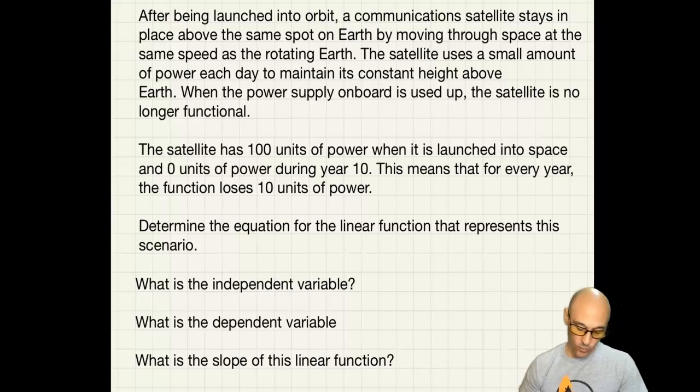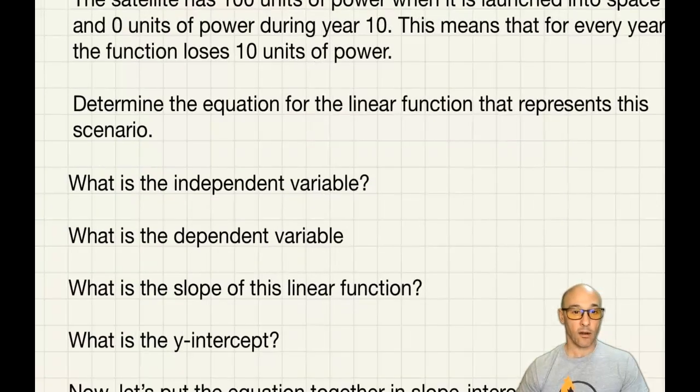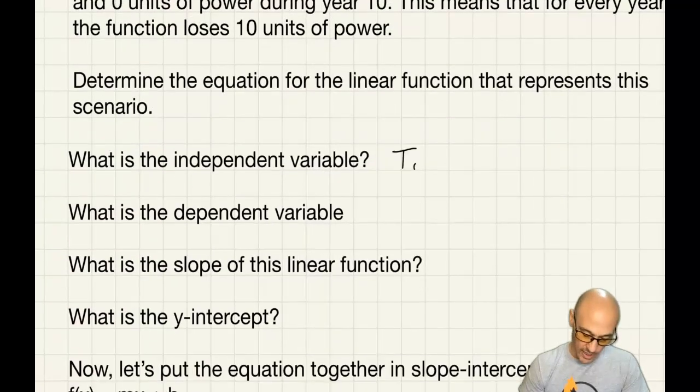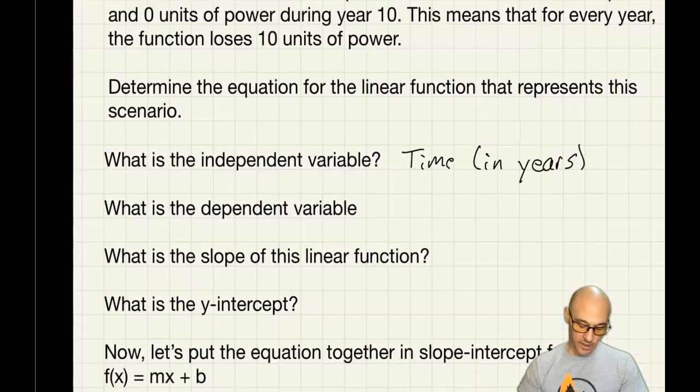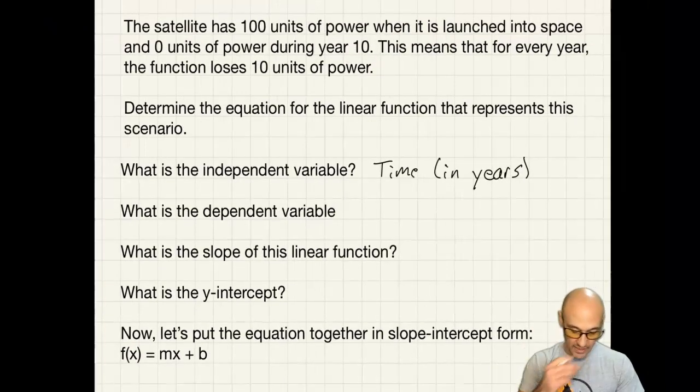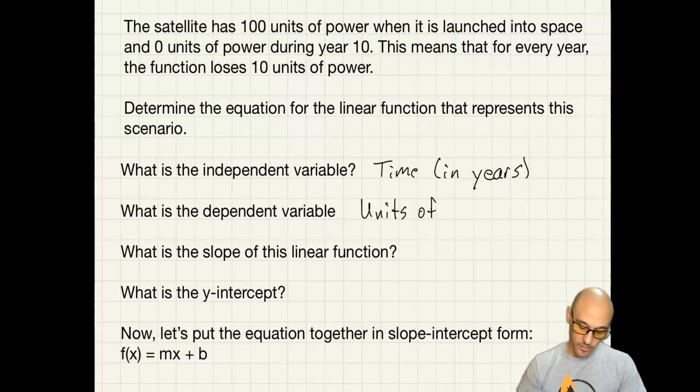So in this case, again, we have time, that is our independent variable, time in years. And the dependent variable then is the units of power it still has remaining, units of power remaining.